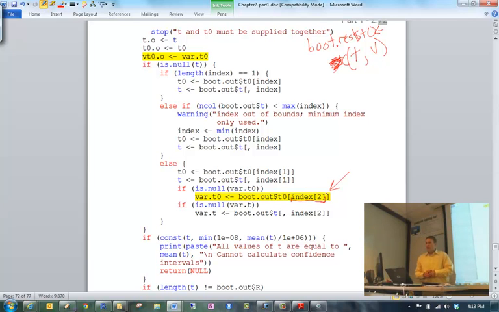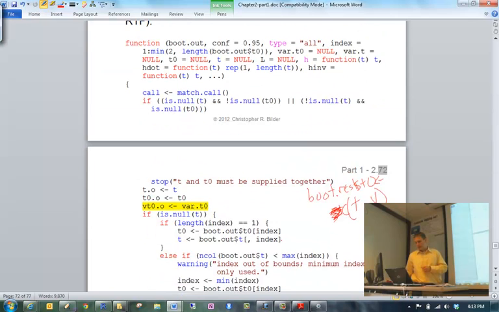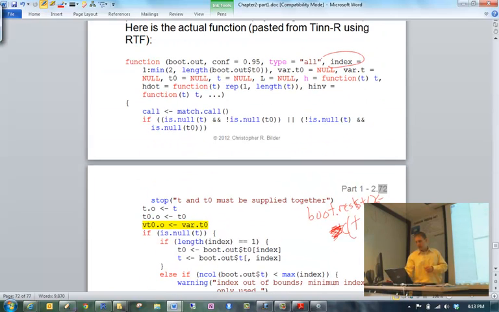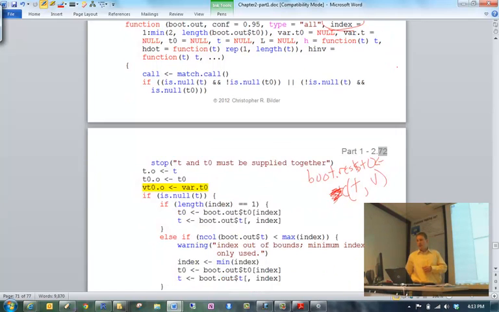Basically, boot.ci picks out the second element of the thing that's returned by calc.t. There's an index argument up here, and that corresponds to what will be by default 1:2.